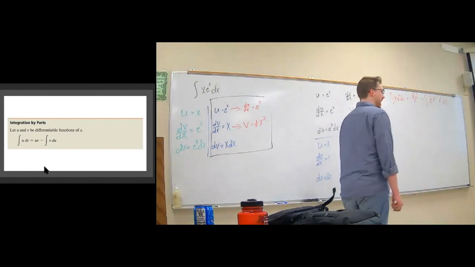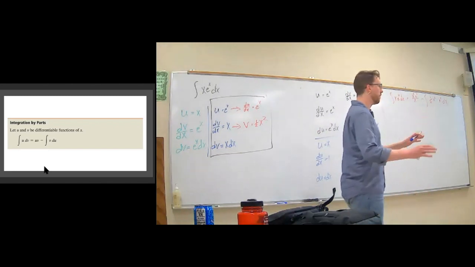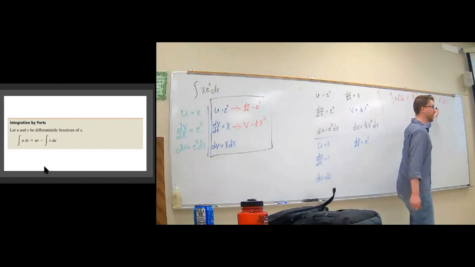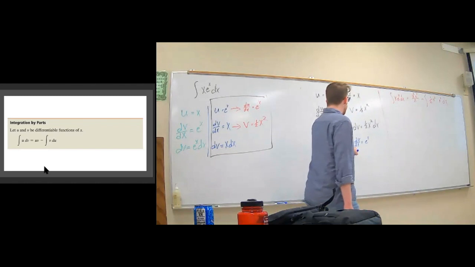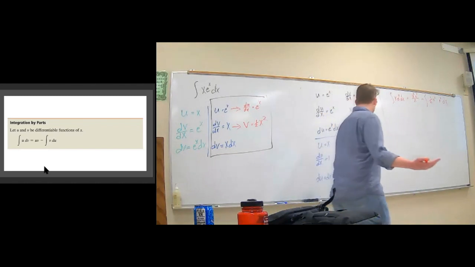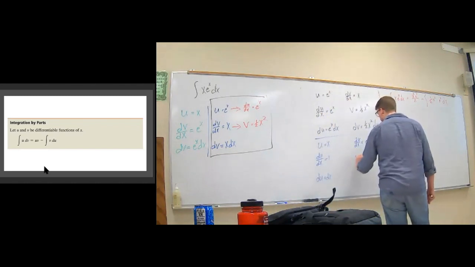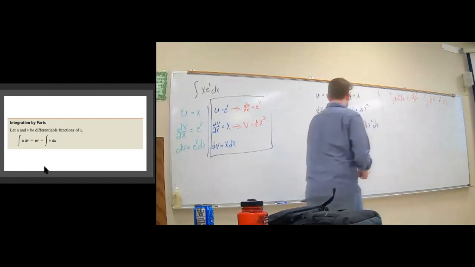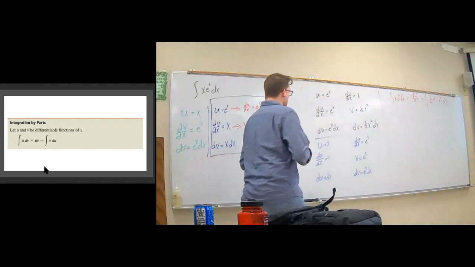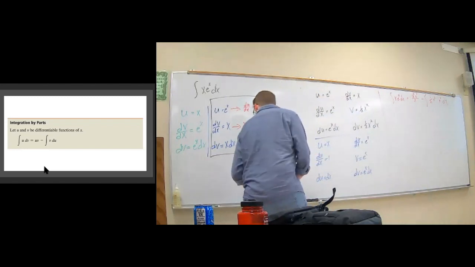But when you integrate that, we're going to ignore the constant right now, because we're just going to tack it on to this term. When we integrate this, it just comes out to be e to the x. So v is equal to e to the x. And dv is equal to e to the x dx.